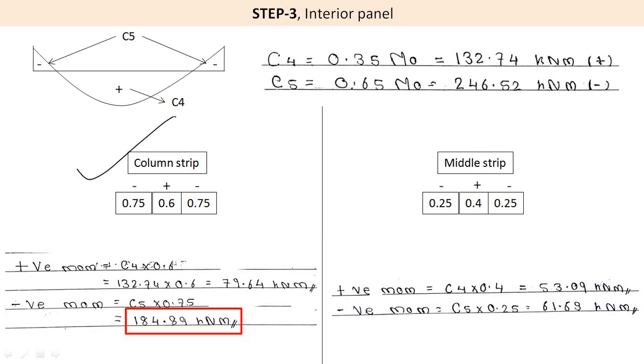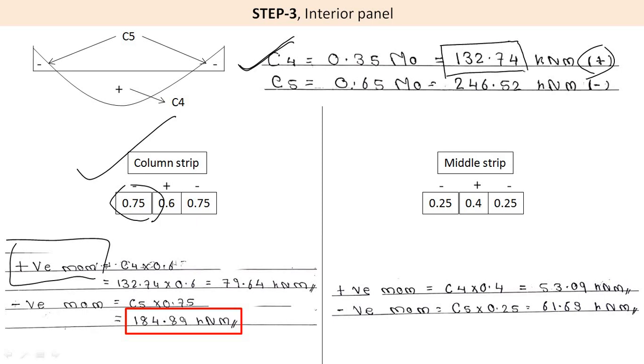So coming on to the column strip, first we will find the positive moment. So for positive it is C4, so we will use C4 into the distribution factor. The value of C4 is 132.74 kilonewton meter.